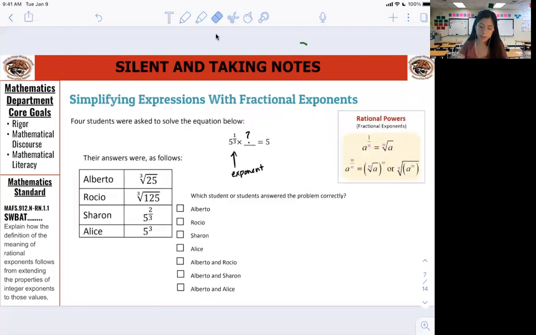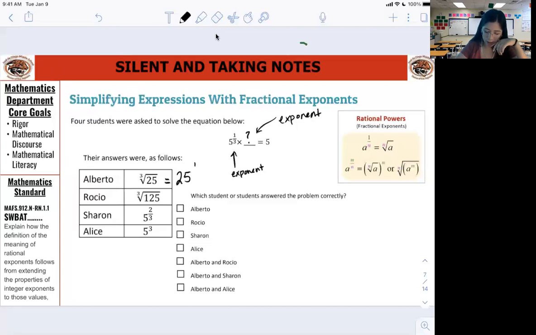If you already have an exponent, you want this to be an exponent as well. It should have an exponent in order to work with them together. So I'm going to rewrite Alberto and Rocio. Hope I'm saying his name right. So how would I rewrite the cube root of 25 as an exponent? 25 to the power of 1/3.